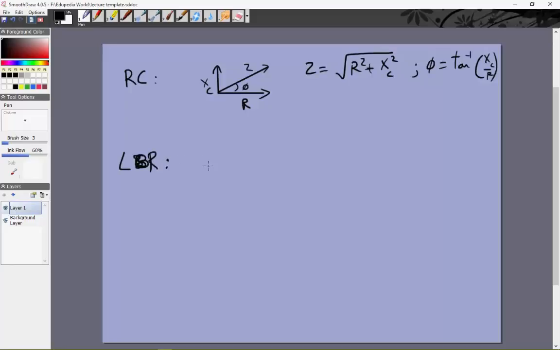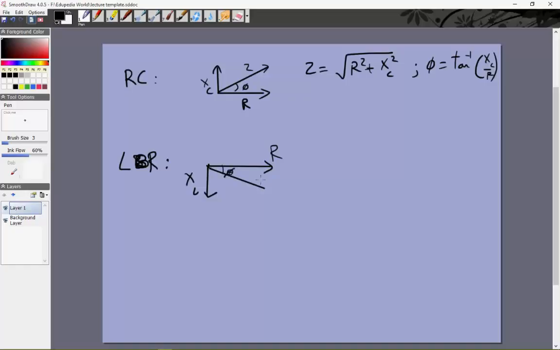In an LR circuit, R will be here and L will be in the downward direction, but the value will be XL here. Now you see why we have reactance, because we can't add resistance to an inductance, but we can add resistance to something which behaves like a resistor, has the same dimension of resistance. And XL is omega L, right? So the sum of them will give me this angle. This will not be phi actually.